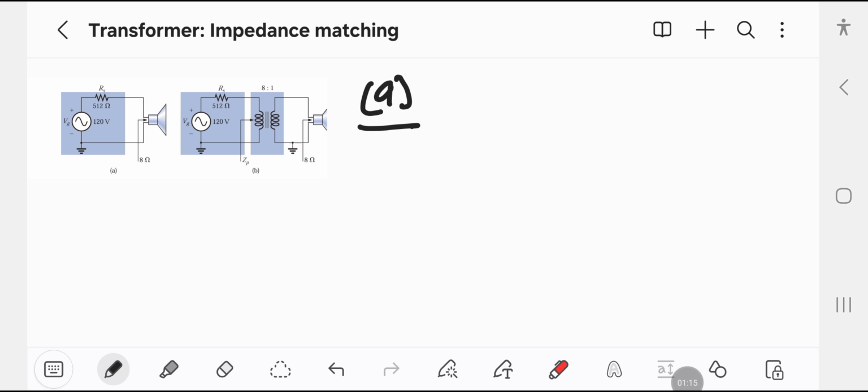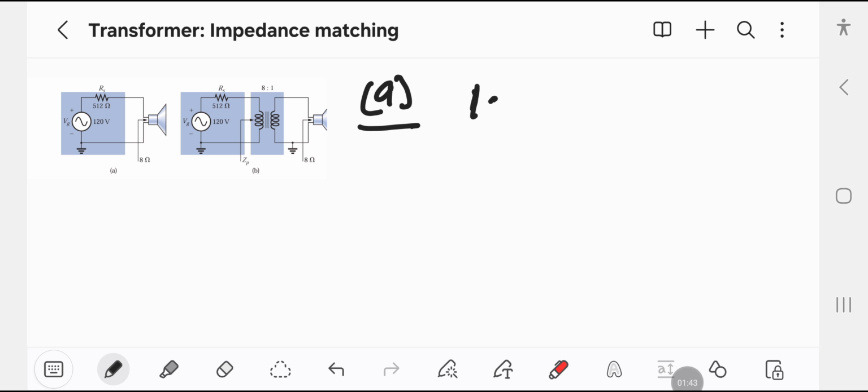As we know, the transformer has a unique relationship between its primary and secondary impedances. Therefore, we can use the transformer for impedance matching. So let's start with the first case, where we have no transformer, and we will see how much power is delivered to the load.